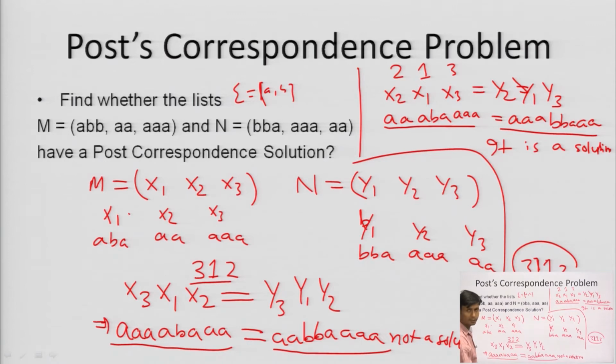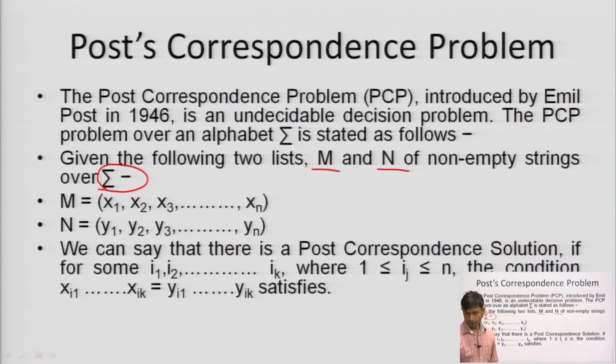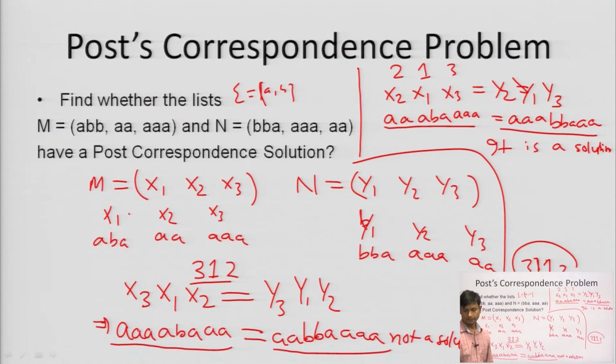You can repeat the number because it is written in the definition. You see i, j less than or equal to n is the condition, so you can repeat it. If x1 is repeated 2 times, then in y you have to repeat it 2 times, like that you can choose.